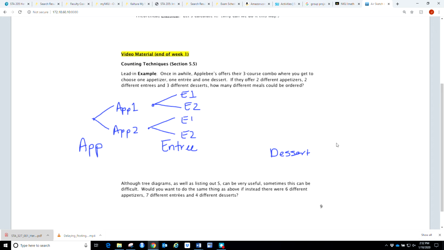It does not matter what appetizer or entree I chose, I can choose any of those 3 desserts, no matter which one I chose for my appetizer or my entree. I get all 3 options.